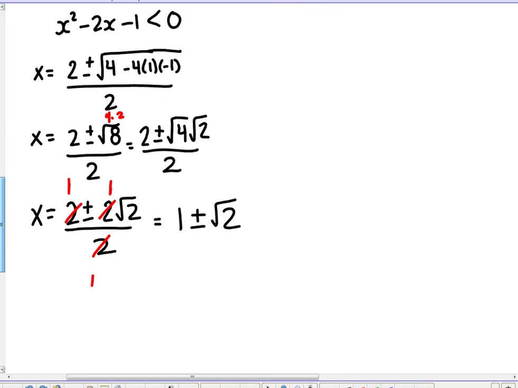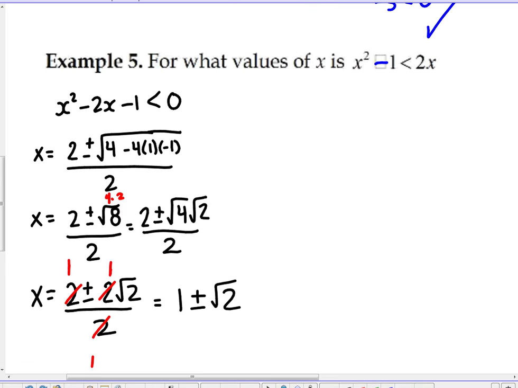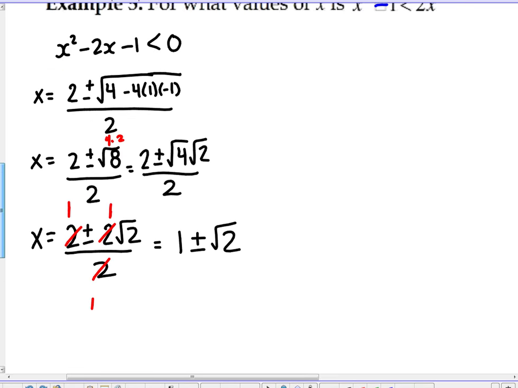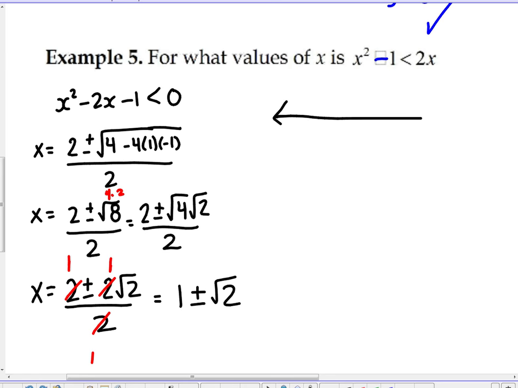So when we make our number line, where should I make it? Over here. We have 1 minus root 2 and 1 plus root 2. Now, do you know what root 2 even is? It's one of those numbers that you should kind of know. Is it like 1.14 or something? You're on the right track.